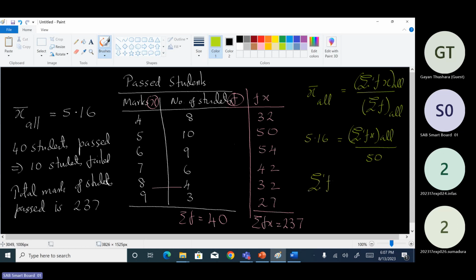So we get sigma fx, total marks of all the students, 5.16 into 50, 516 divided by 2.